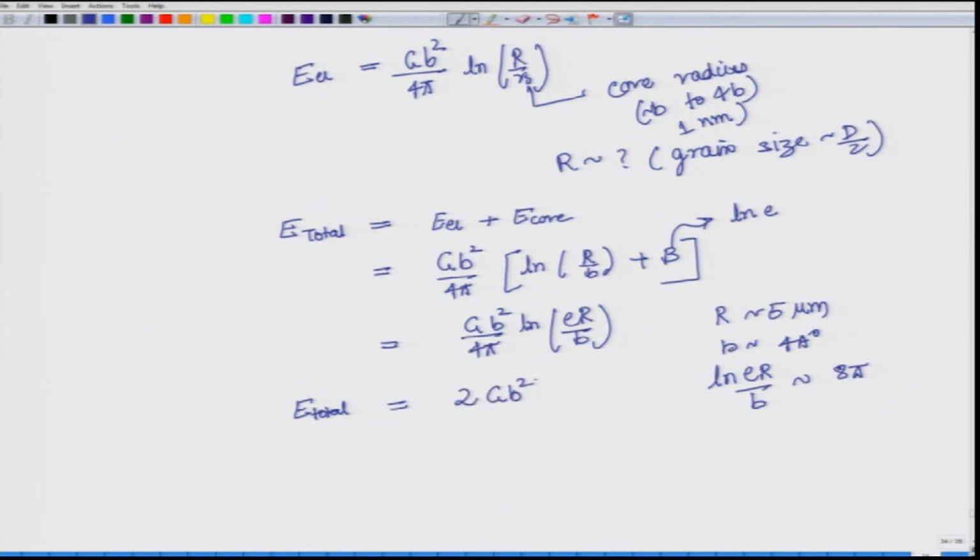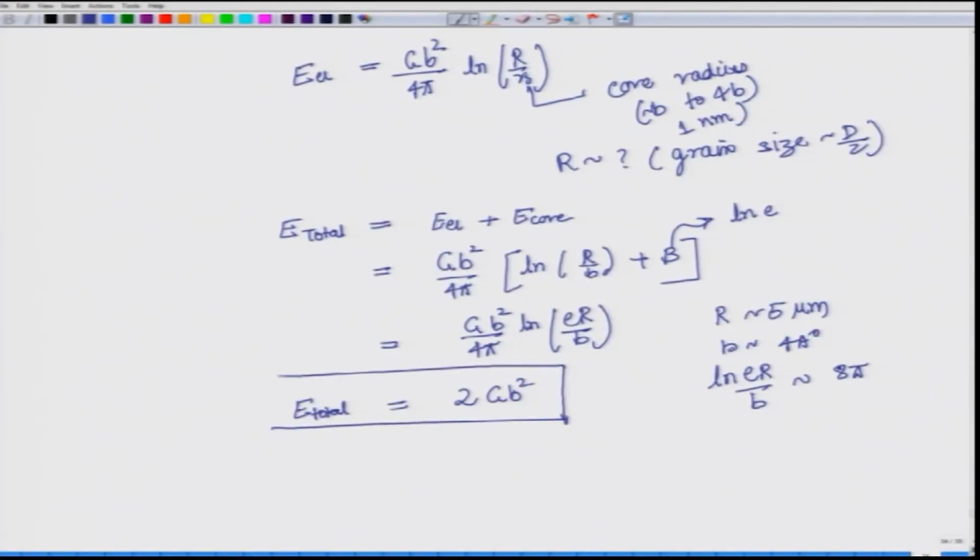So, you see with certain assumptions we are seeing what the final form of the relation is, and it comes out to be E elastic is equal to 2 G b square.